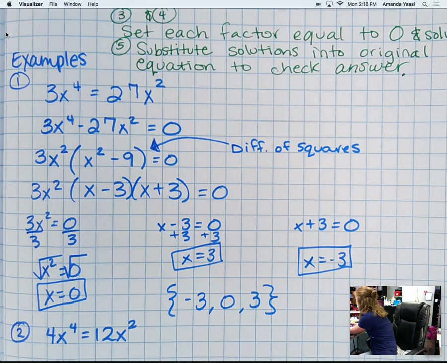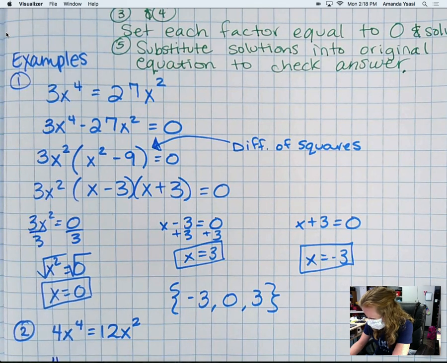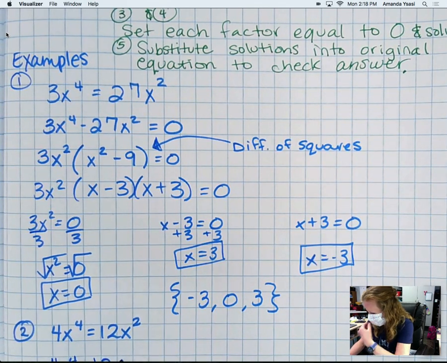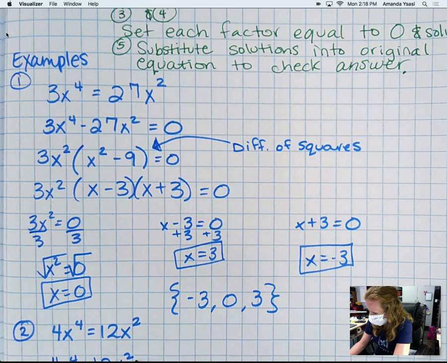So it'd be 4x to the 4 minus 12x squared equals 0.